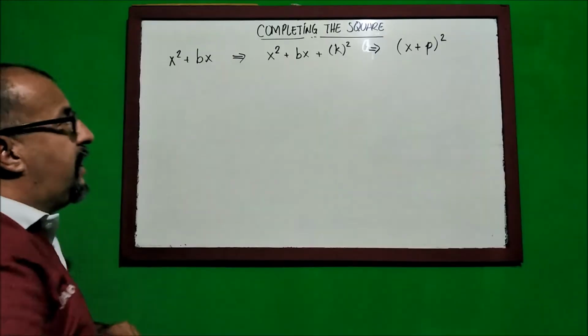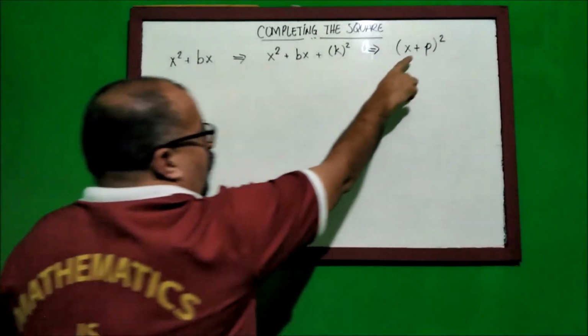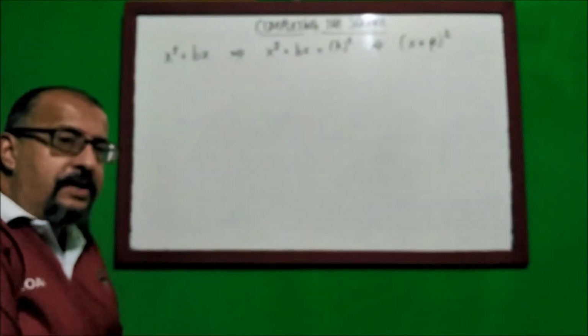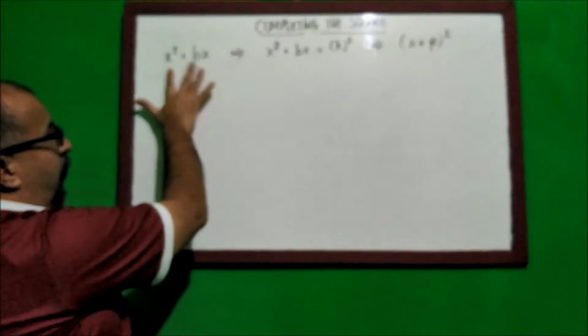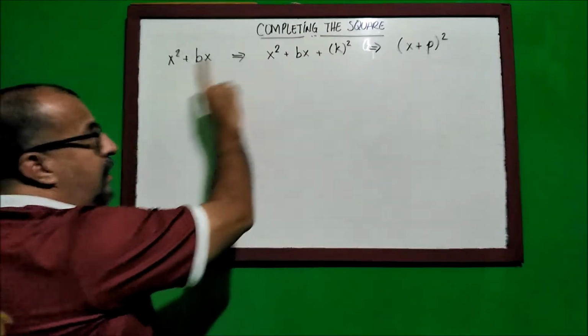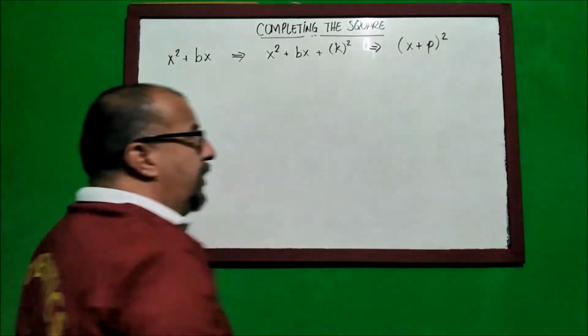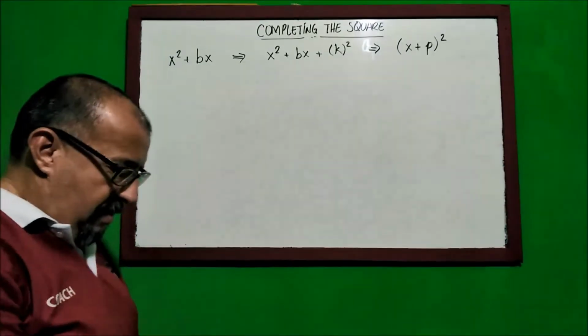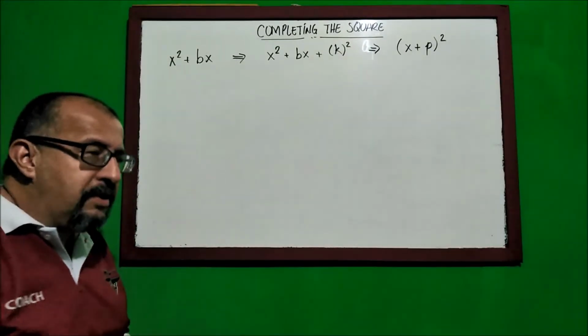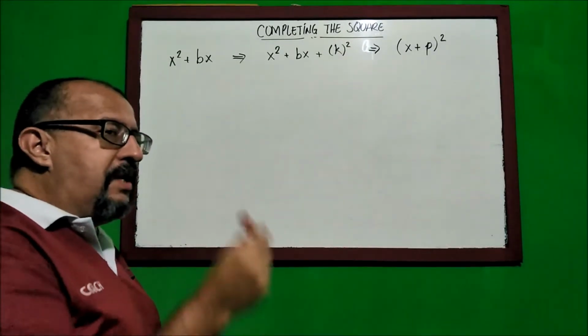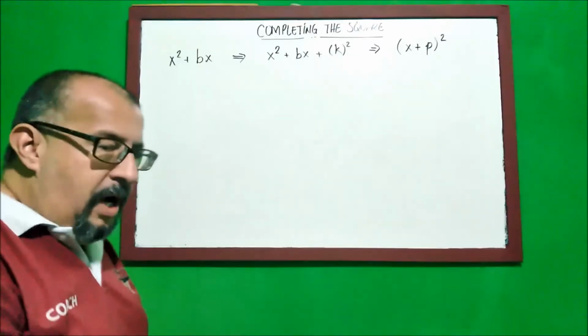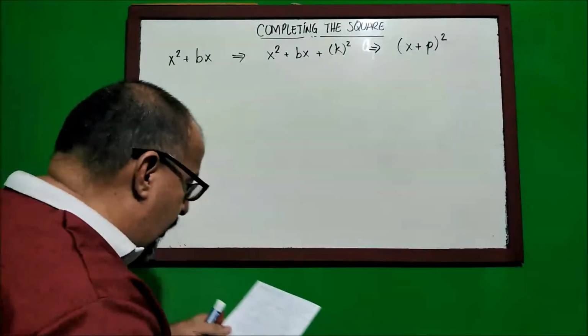Okay? And if it is a subtraction, then we can also do it by copying a minus in here. So we're going to go from an expression that is written like this into an expression that is written like this. Okay? It's a very, very easy process to do, so let's pay attention because there are some tips that we can use on it to simplify our work.